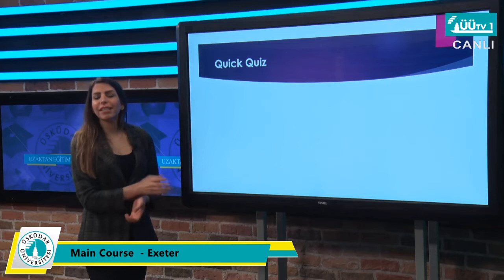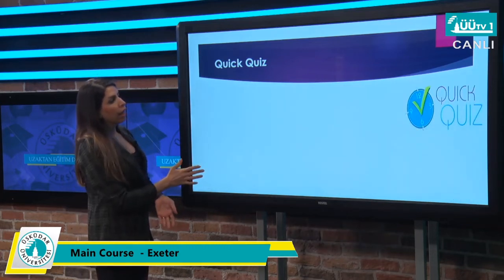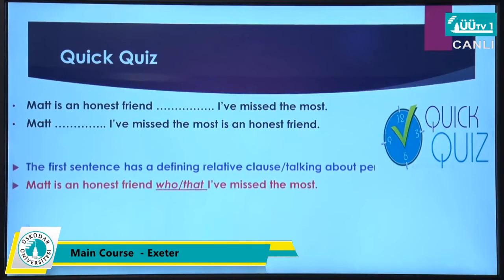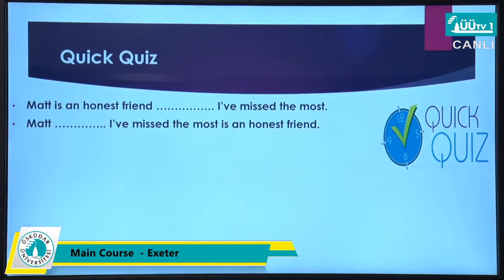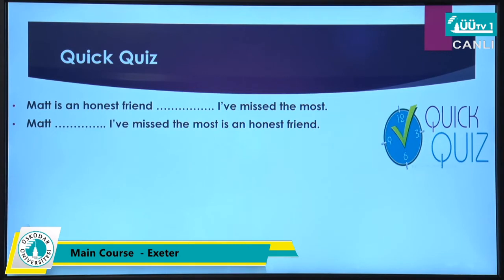Let's have a quiz, and this is the last quiz that you have for this lesson. I will give you 2 sentences. Oops, I gave you the answer as well. Matt is an honest friend I've missed the most. Matt, I've missed the most, as an honest friend. So what kind of relative pronoun should I use here? Think about it.